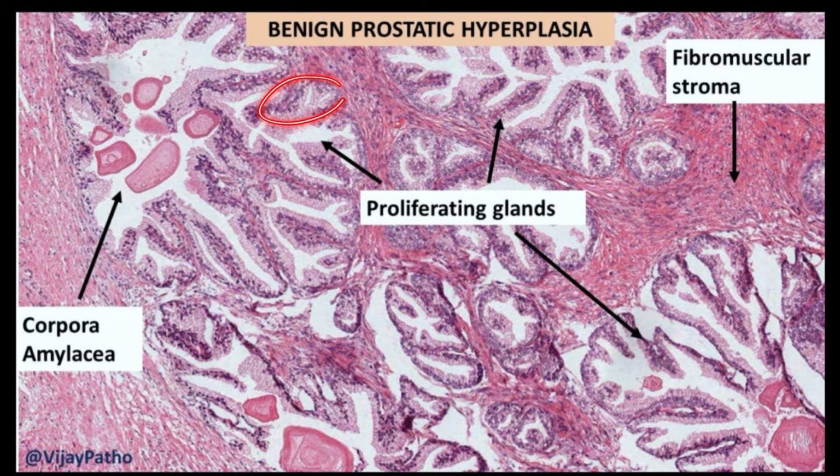First, there's formation of lots and lots of new glands or proliferating glands. It's not just glands that are proliferating. The stroma contains fibers, and these fibers also proliferate, or there is formation of new fibers. So you have proliferating fibers, and there is also formation of corpora amylacea, which is present in the gland.